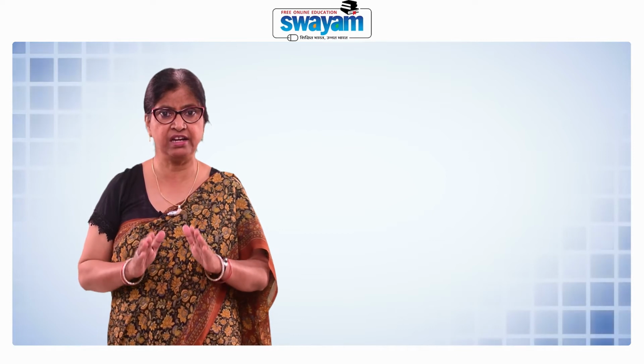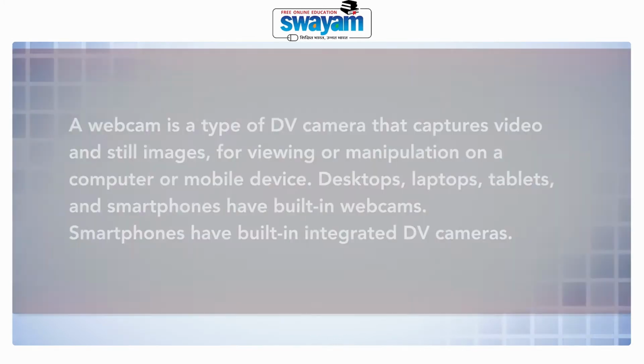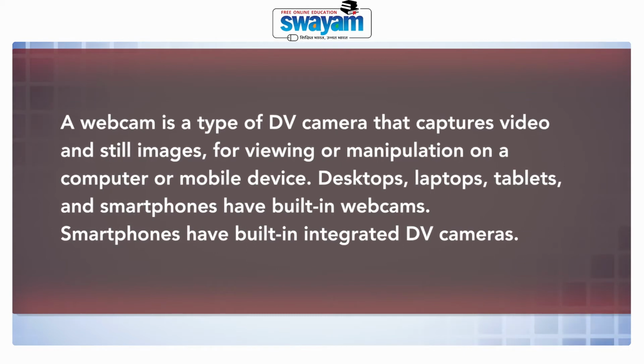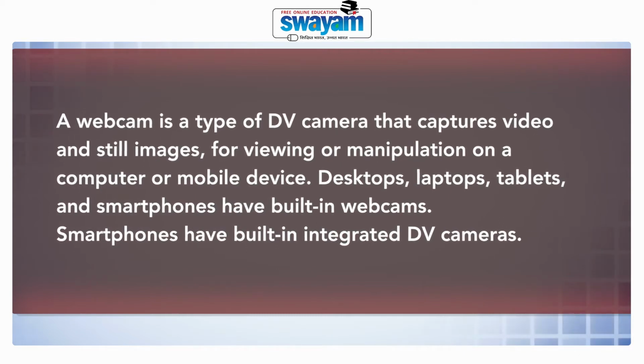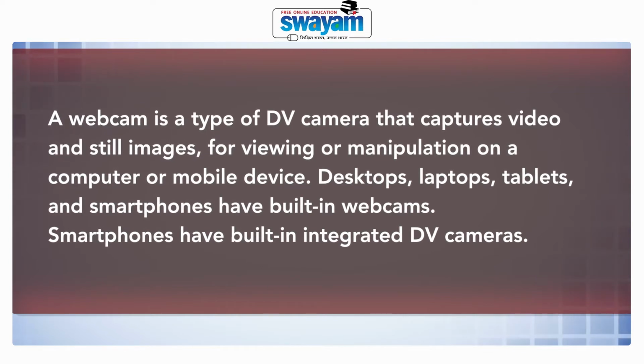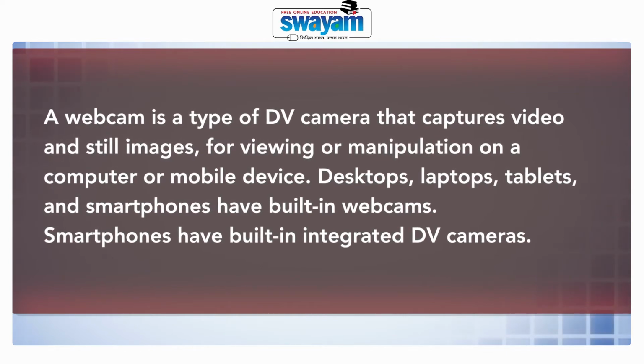A digital video camera records video as digital signals which can be transferred directly to a computer or mobile device with the appropriate port connection. A webcam is a type of DV camera that captures video and still images for viewing or manipulation on a computer or mobile device.